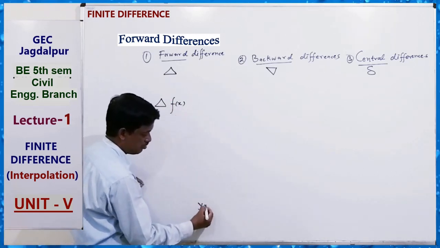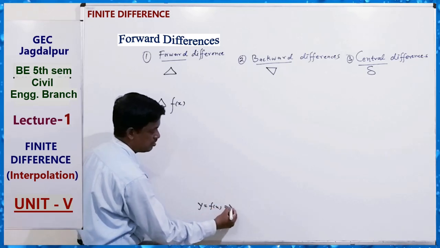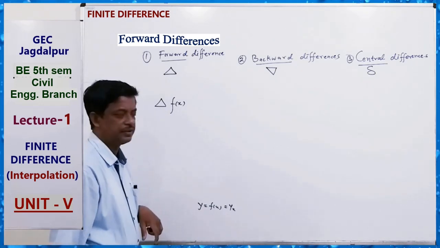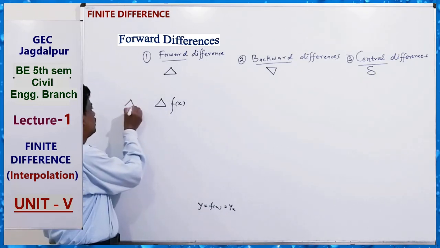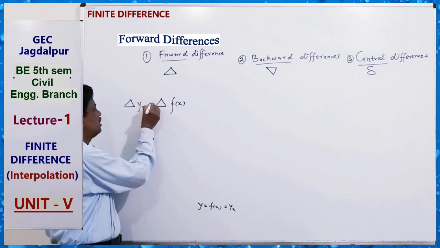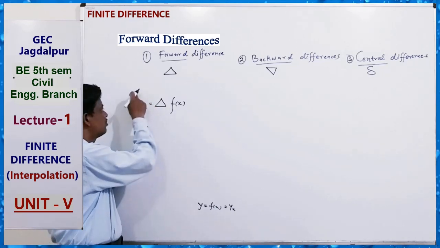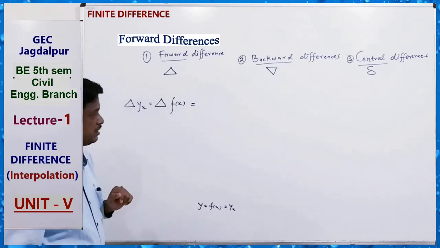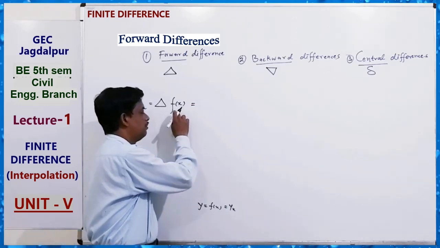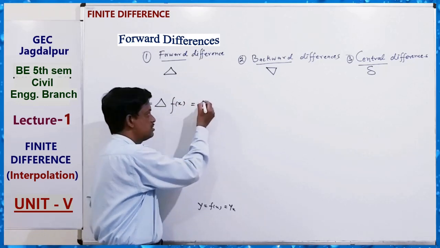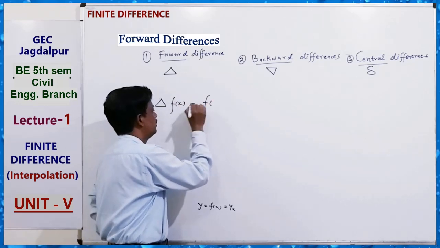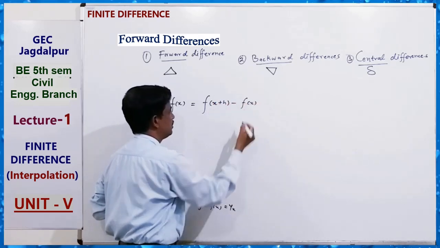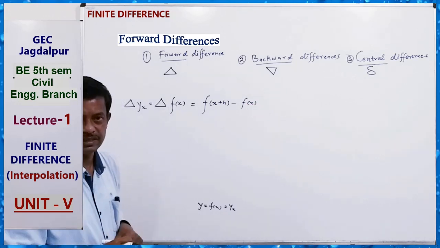We can write it like this: y equals f(x). Also y can be written as y(x). You can use any of the notations. So that is del y(x). First order forward difference is equal to, remember, the forward difference we write like this: f(x plus h) minus f(x). h is the interval of difference.